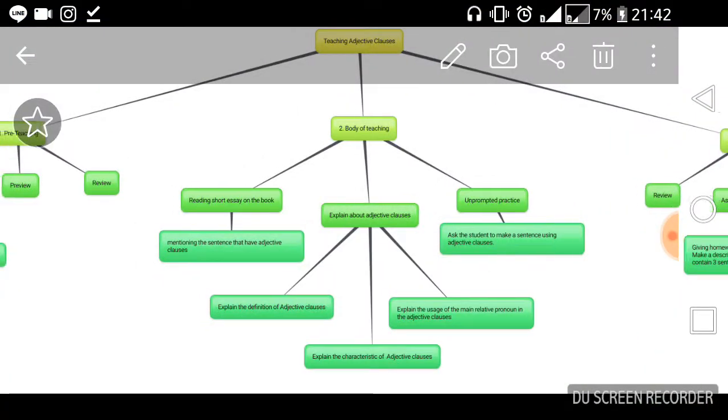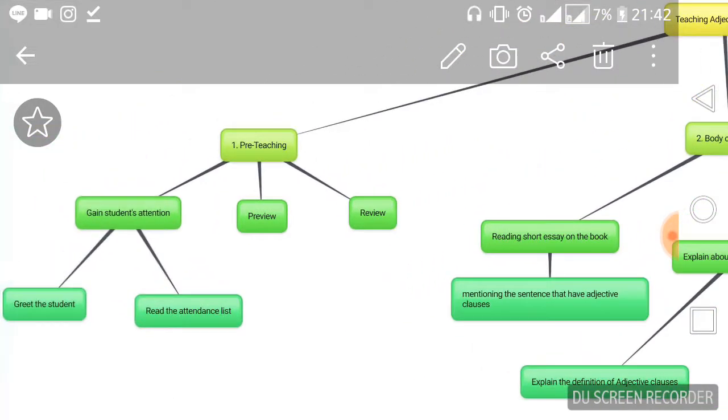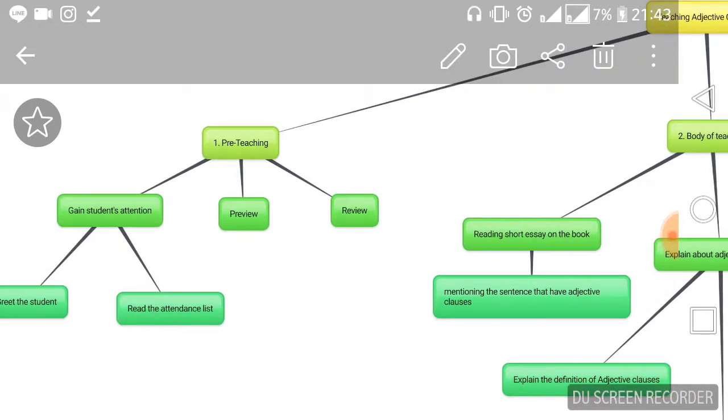adjective clauses. The first part is pre-teaching, which consists of three parts: gain students' attention, preview, and review. For gaining students' attention, we already greeted the students, and we don't need to do the second part, which is reading the attendance list, because we have no attendance list.